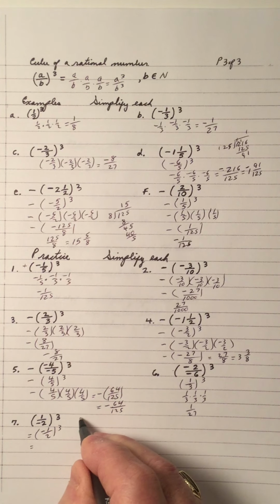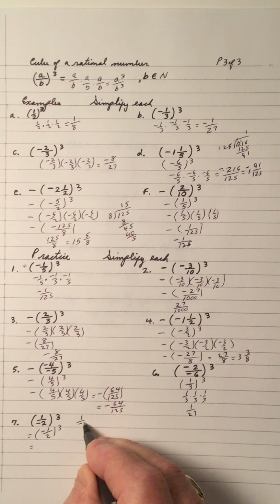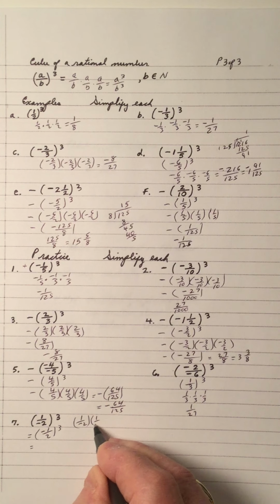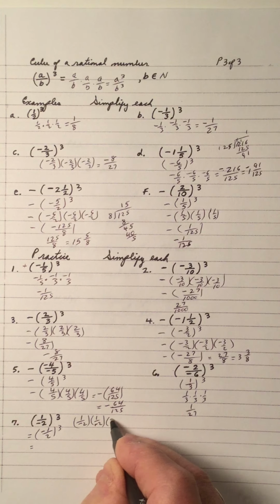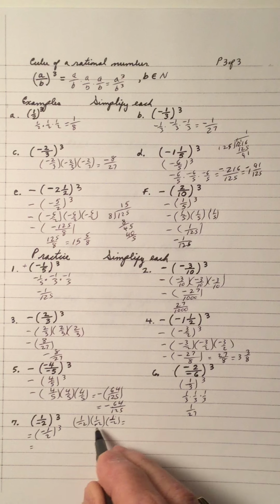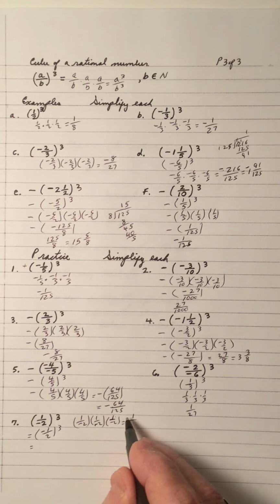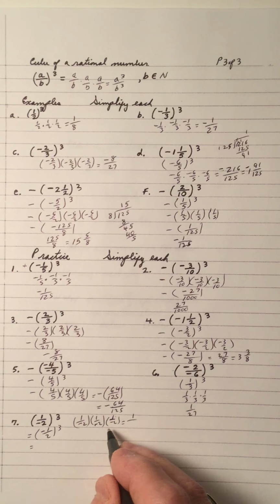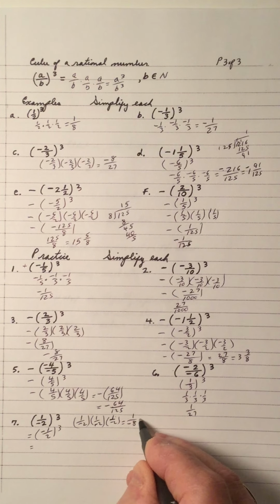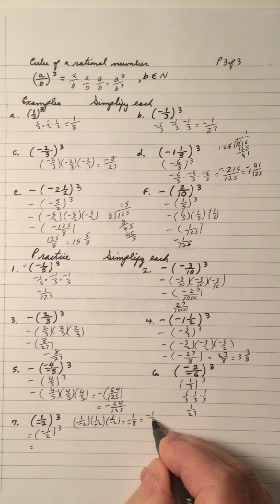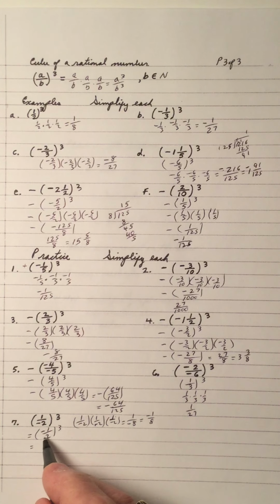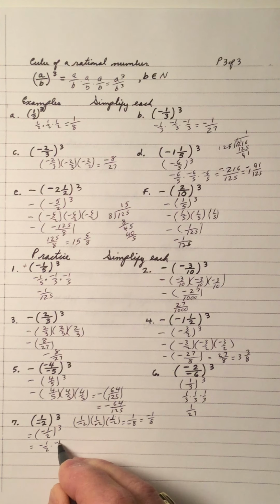And if you had gone with 1 times negative 2, 1 times negative 2, like that, 1 times negative 2, you still would have got 1 times 1 times 1 is 1, and negative 2 times negative 2 times negative 2 is negative 8. And then you could have changed it after. But if you change it at the beginning, obey that rule, and you can't go wrong by taking the negative at the bottom right away.